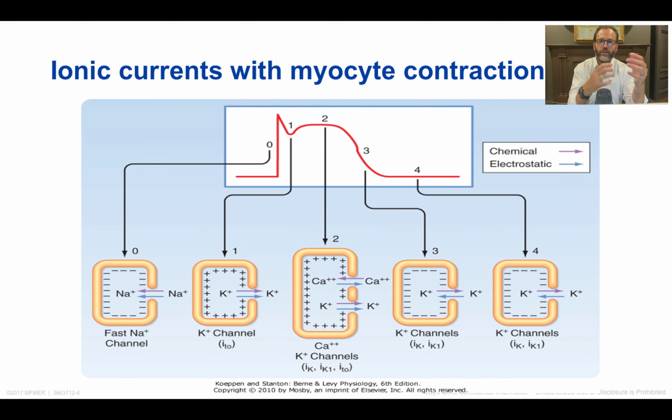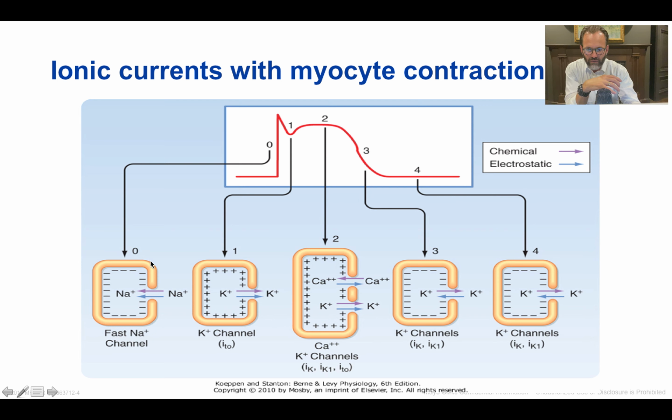So if we look at this with a bit more detail as compared to what we did last time, we've got this action potential of a cardiomyocyte, which could either be atrial muscle or ventricular muscle, and that's depicted here in this figure. And this is broken down into 5 phases. Of course, starting with phase 0.